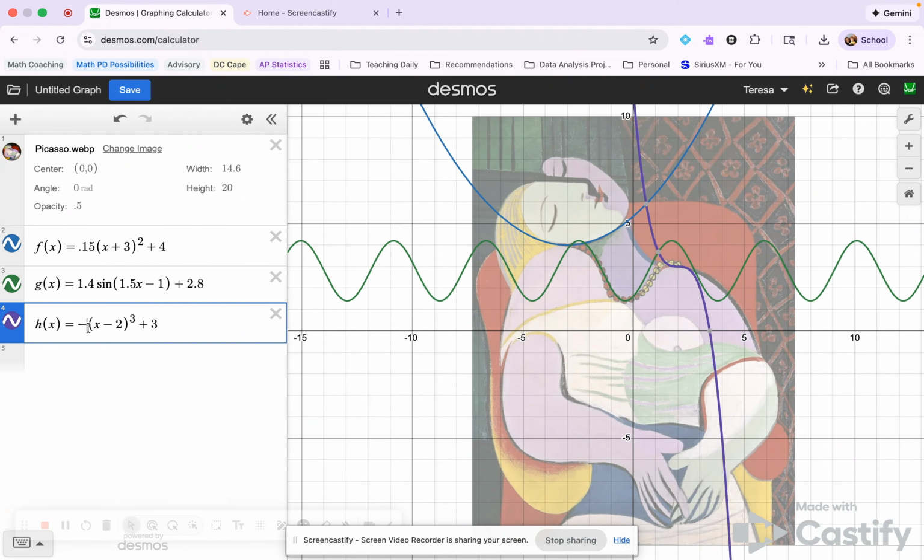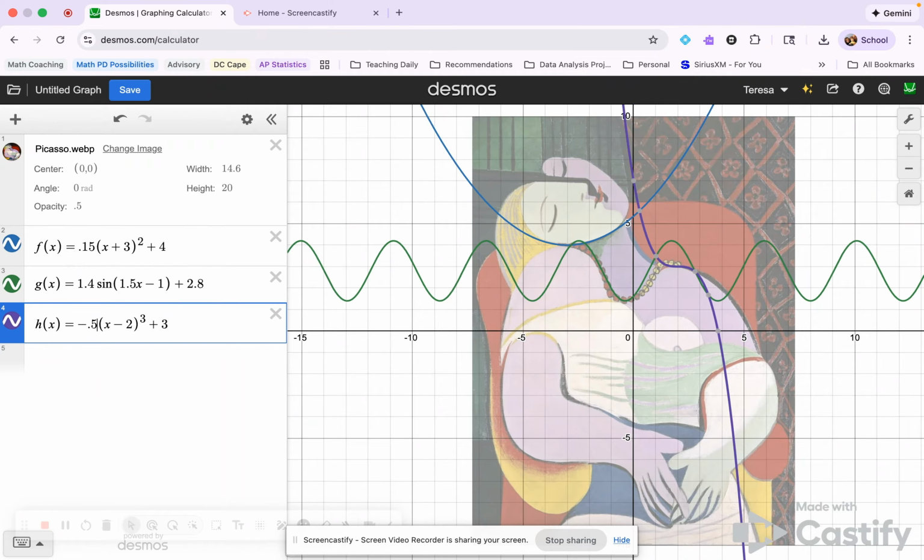Two ways we can make this wider is to either horizontally stretch or vertically compress. I like to play with vertical compressions more because then it doesn't move around that middle point as much. So I'm going to start with, again, a 0.5 here, leaving it negative so it stays curved in this way, reflected.